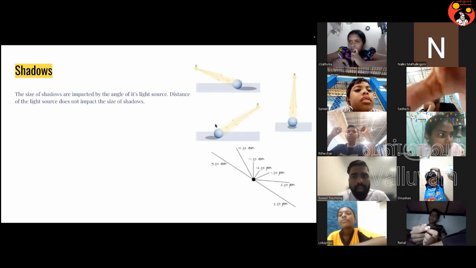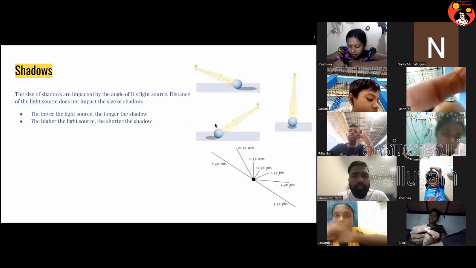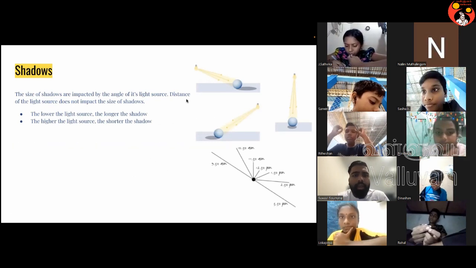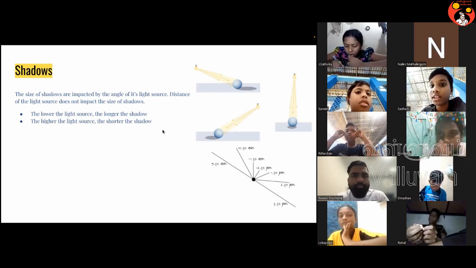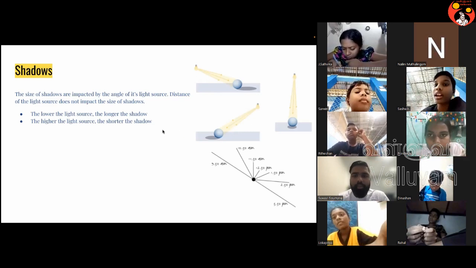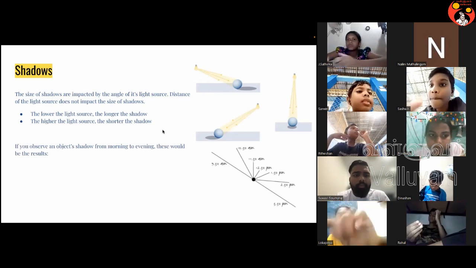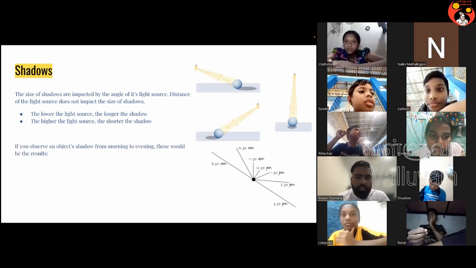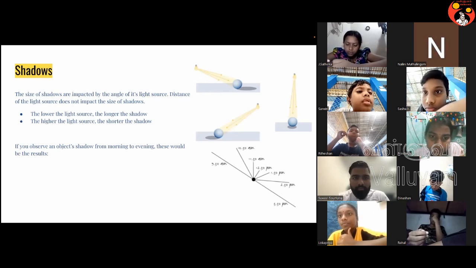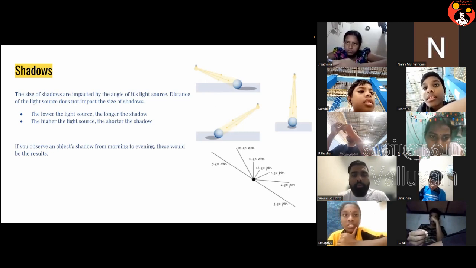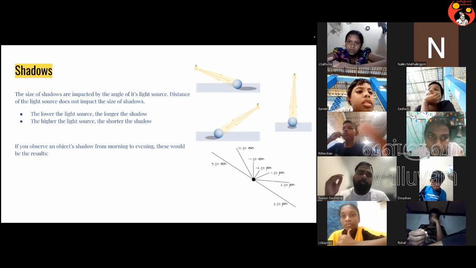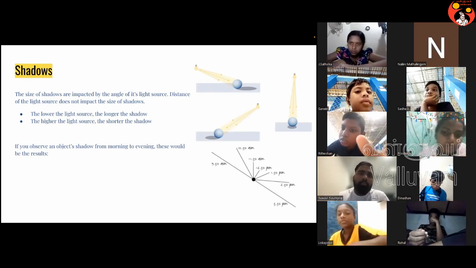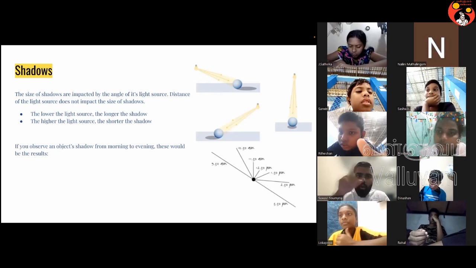Cool. Anybody else, any questions before I move on regarding the creation of the size of the shadow or anything like that? No. Okay, perfect. Now, if you observe an object's shadow from morning to evening, this would be the results. And the reason the results change is the sun moves over the day.